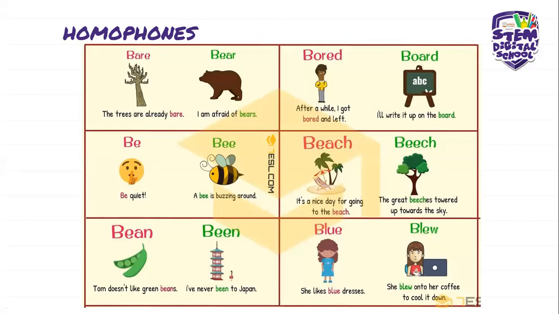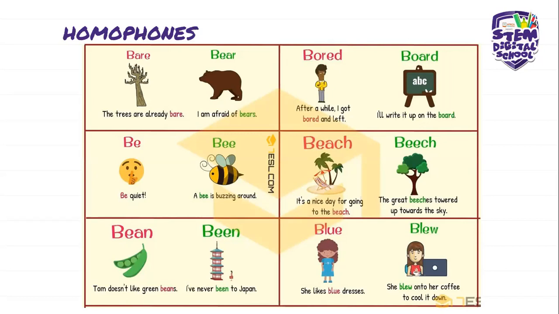Here are a few examples. Bear, B-A-R-E, the trees are already bare because they don't have any leaves. And bear, B-E-A-R, it's the animal, a bear. So I'm afraid of bears.